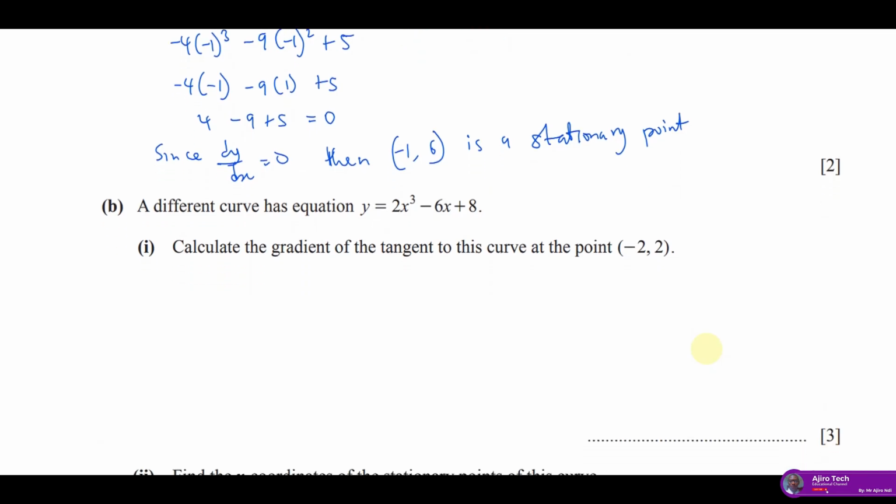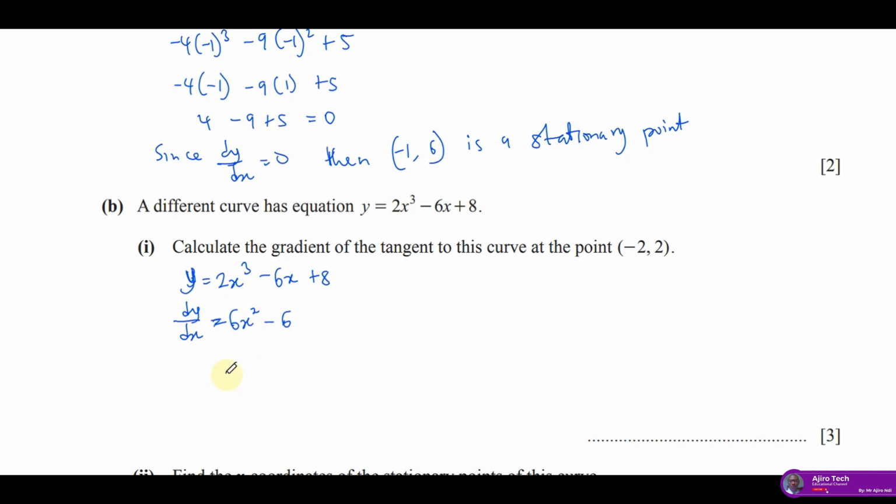The next question is, a different curve has the equation given, and we calculate the gradient of the tangent to the curve at -2,2. So we're going to differentiate. So y is 2x cubed minus 6x plus 8. dy/dx is 3 times 2, which is 6x, and 3 minus 1 is 2. Minus 6x goes.